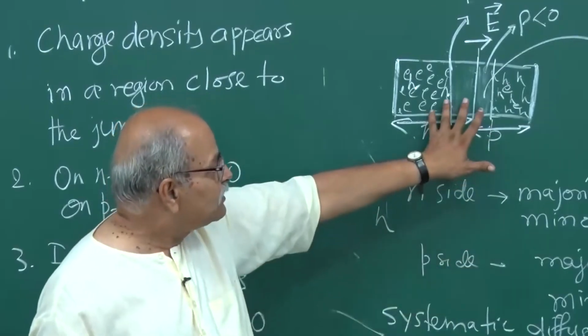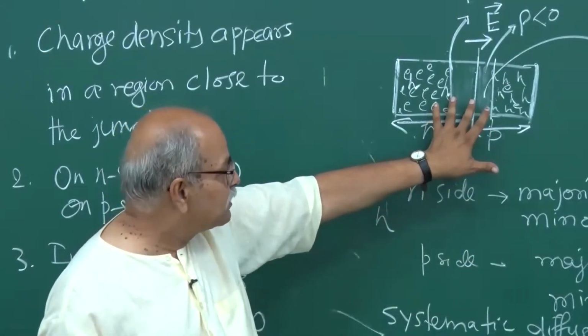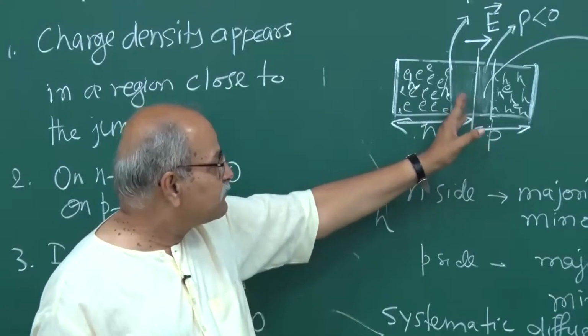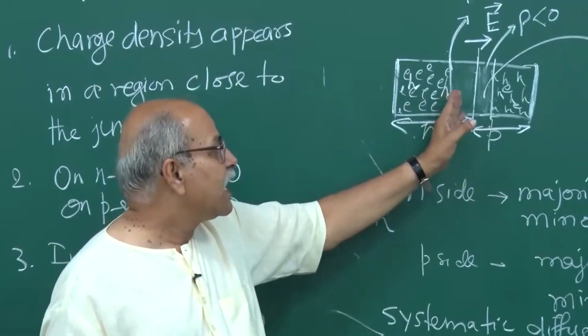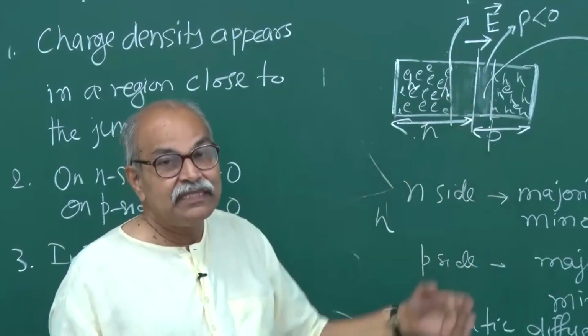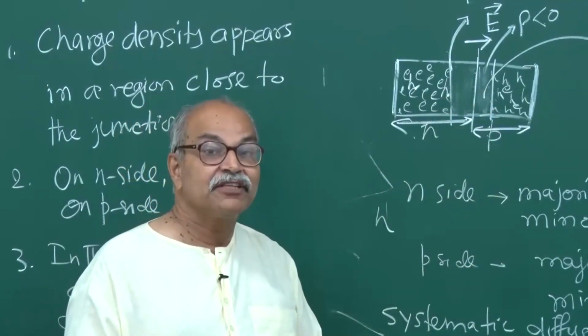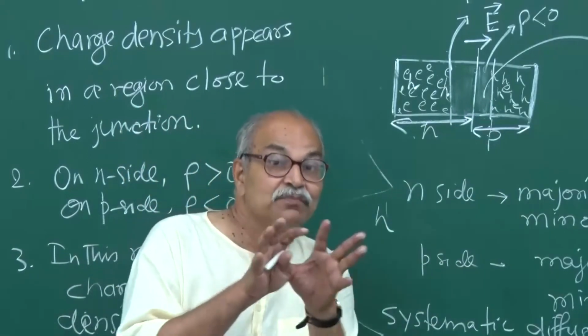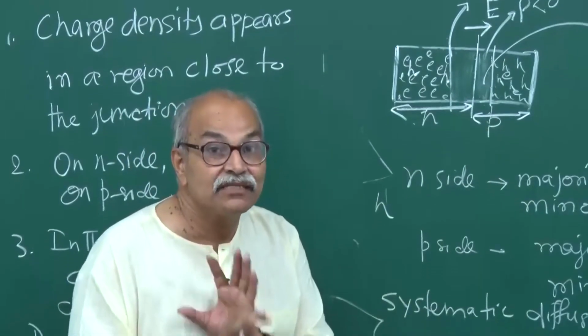So, the width of this depletion region on the left of the junction and on the right of the junction will depend on the concentration with which the dopants were put there, the impurity concentrations.